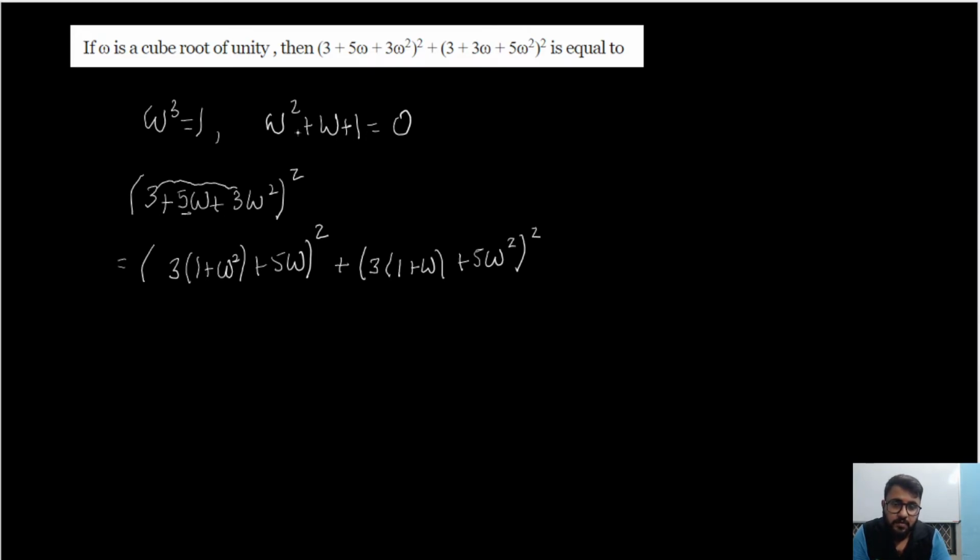And now 1 plus omega square is minus omega, right? If it goes to the other side, it becomes minus omega. And 1 plus omega is minus omega square, because if this goes to the other side, it becomes minus omega square.